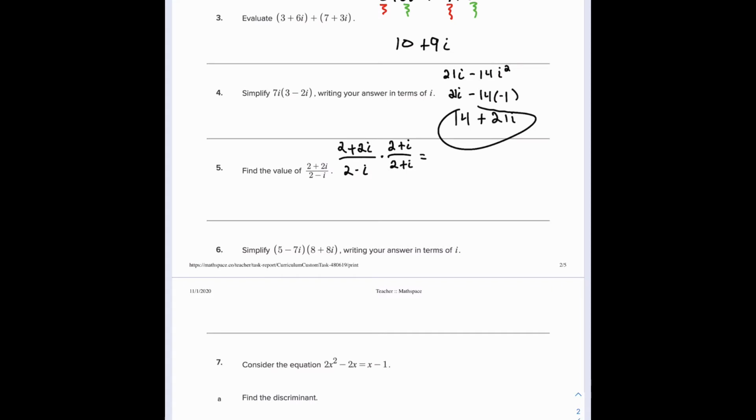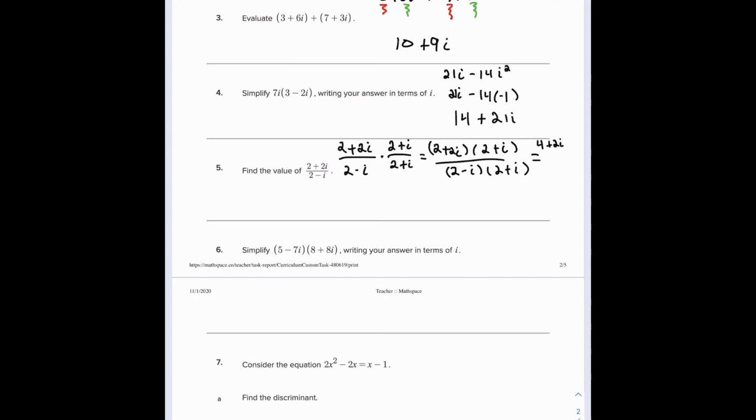So now we have 2 plus 2i in parentheses times 2 plus i over 2 minus i times 2 plus i. So we distribute, and we get a 4 plus 2i.